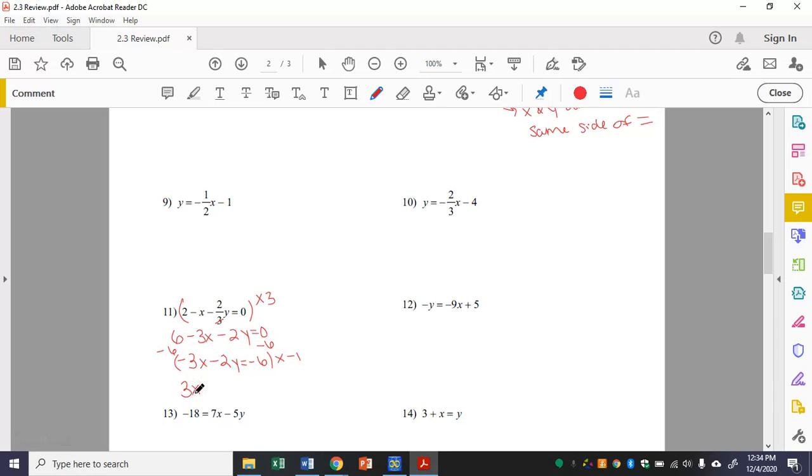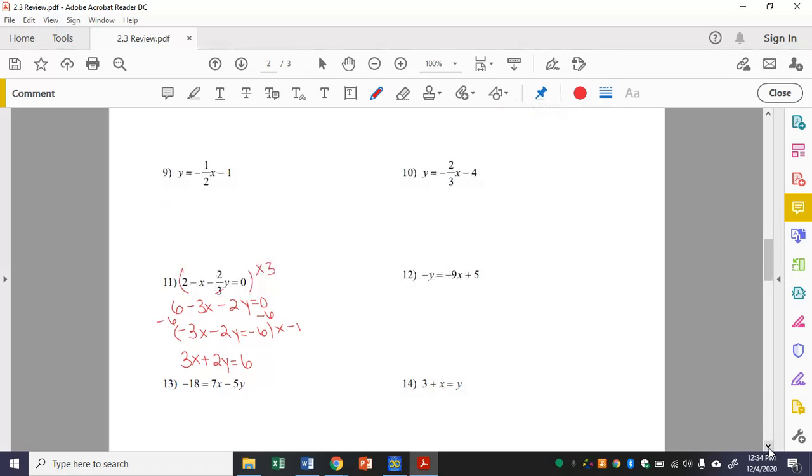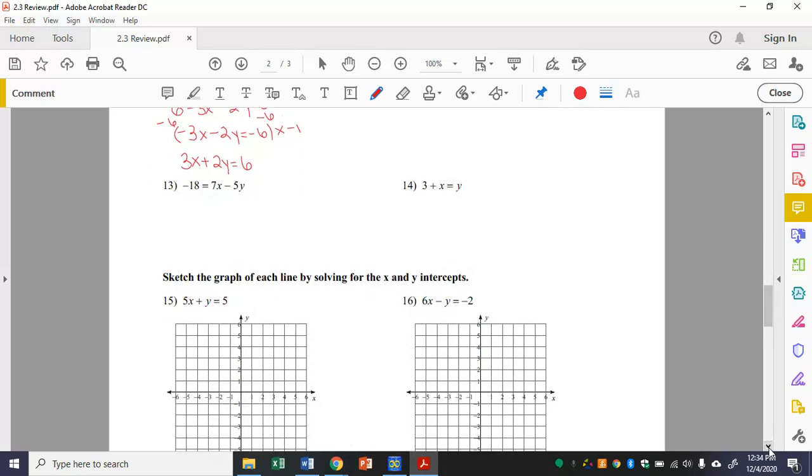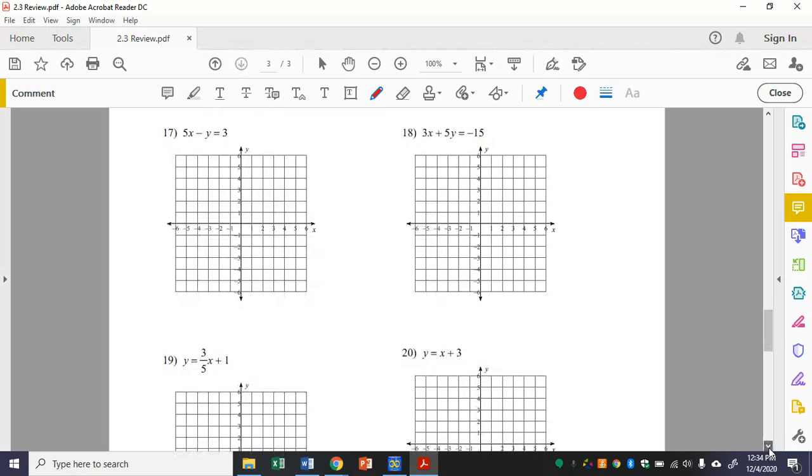That's going to leave me with 3x plus 2y equals positive 6. Okay, we did quite a bit of work with this last week, so I think you should be able to solve the rest of those problems for standard form.